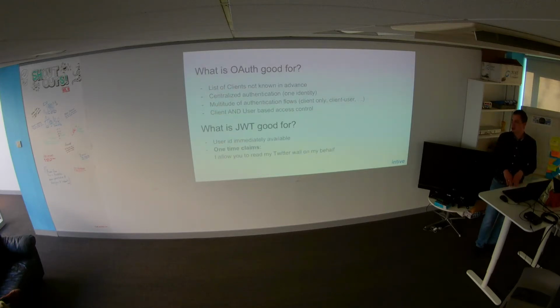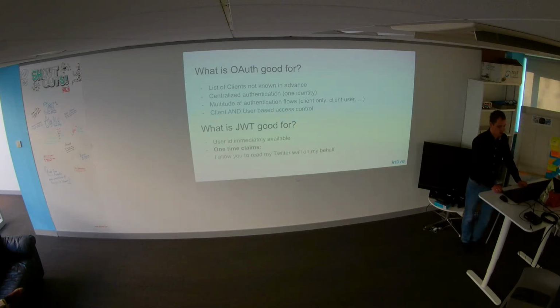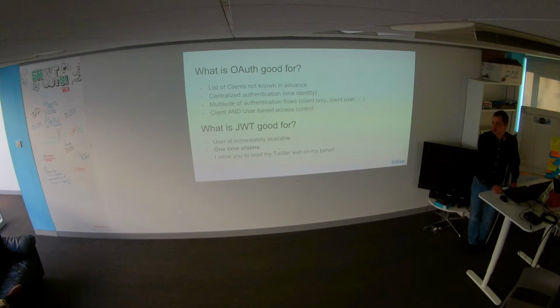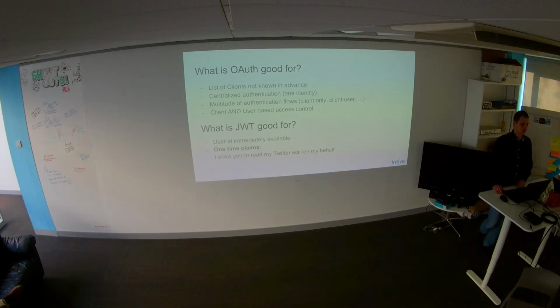In general, if I were to give you a recommendation on what those two things are good for, I'm not saying don't use them with OAuth. This has major advantages, but in general, the places where those two are clearly good are in these cases mentioned here. So, when you don't know in advance who the client applications will be, you have to use the auth flow. When you want single sign-on, that's usable, at least at the sign-in phase.